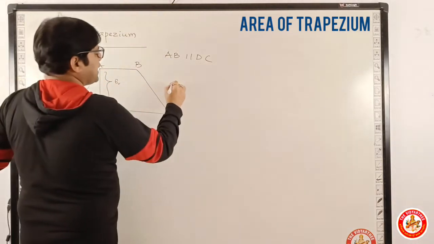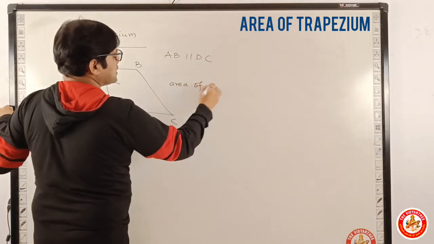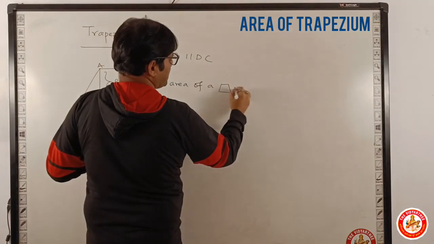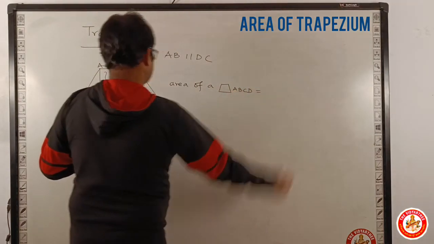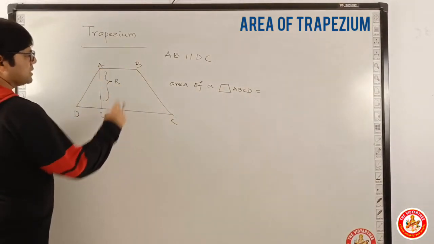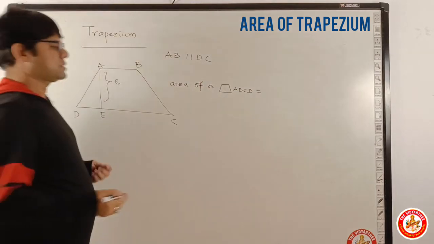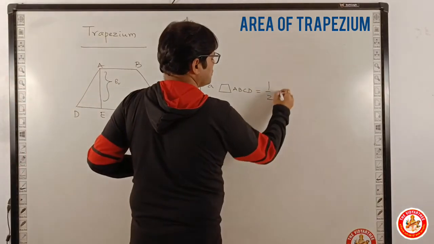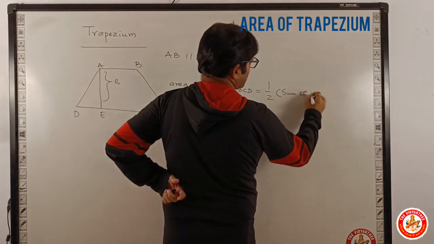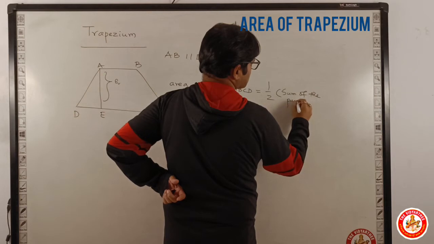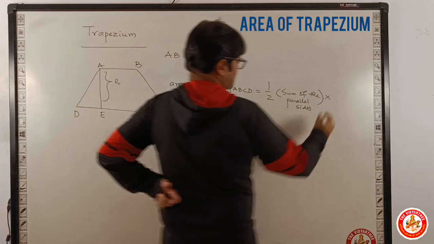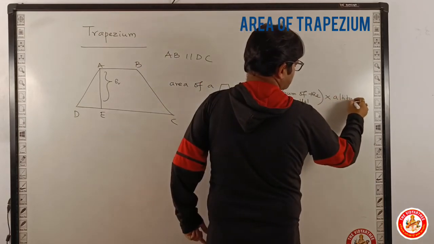given, then area of a quadrilateral ABCD is equal to. In case of a trapezium, be very careful. These two sides are called the parallel sides. So what we will say, it is half into sum of the parallel sides multiplied by the altitude.